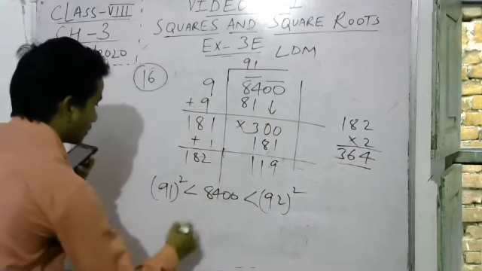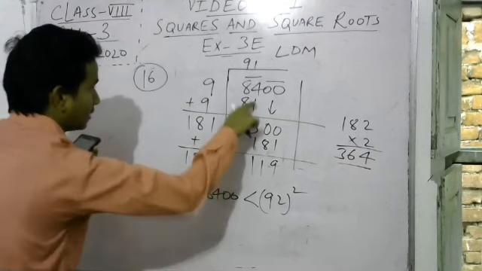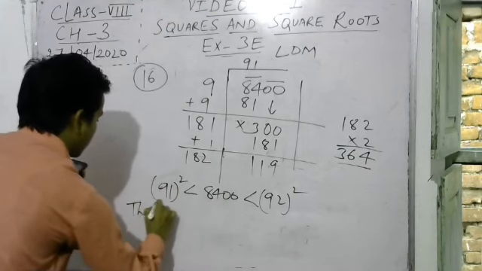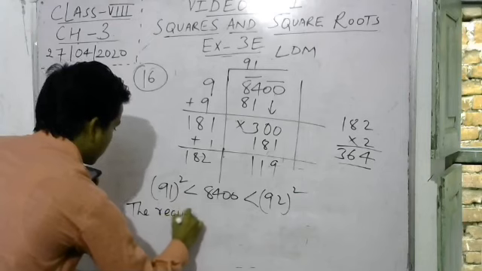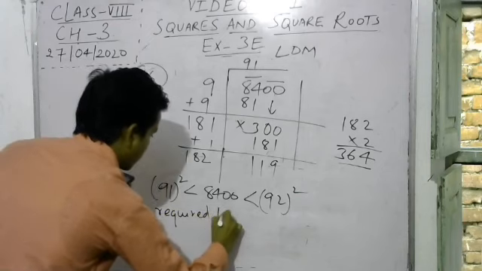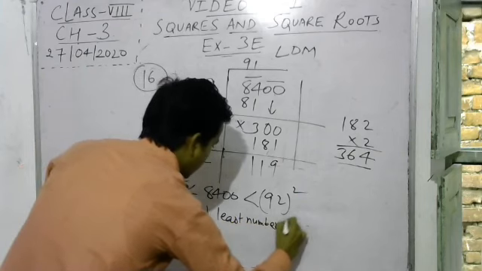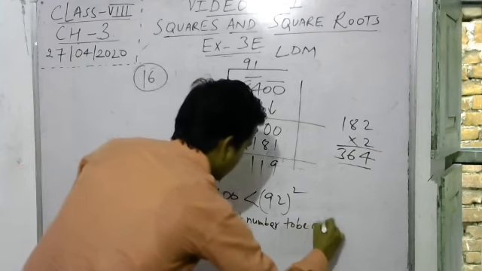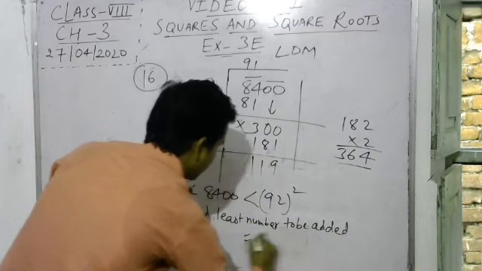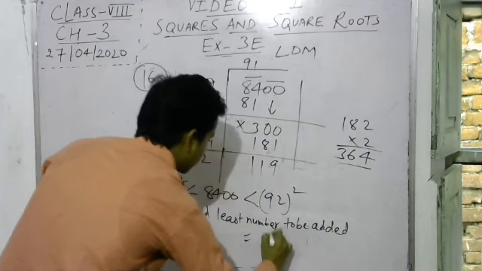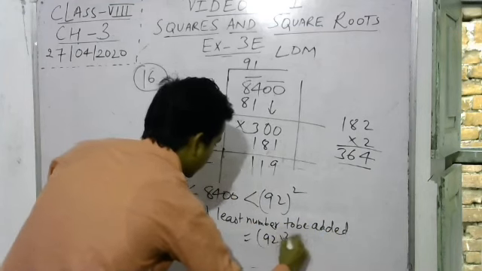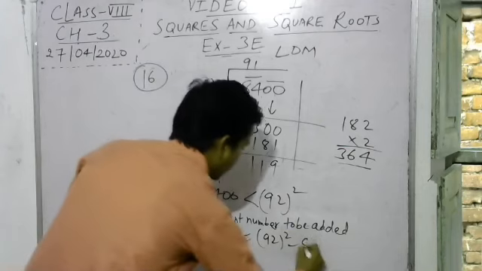So what is the least number which should be added to this? So the required least number to be added equals 92 square minus 8400.